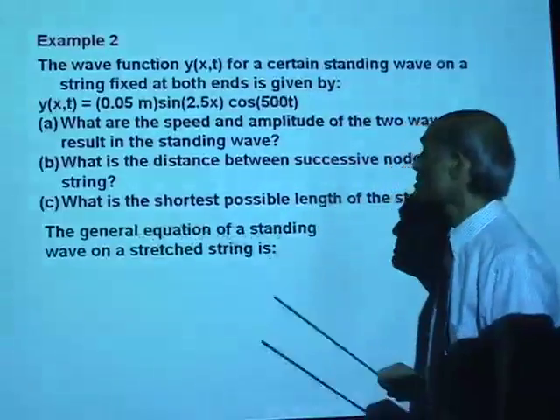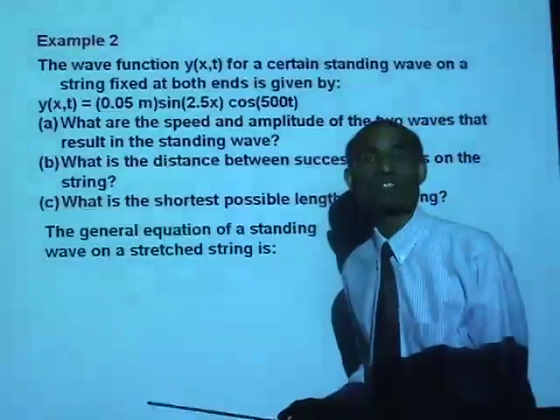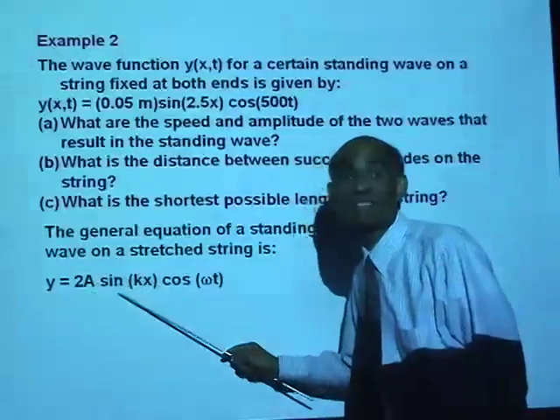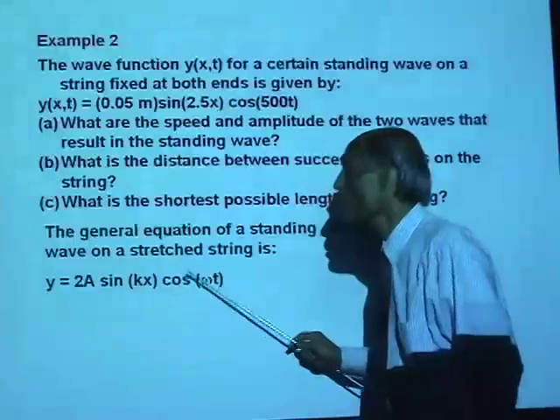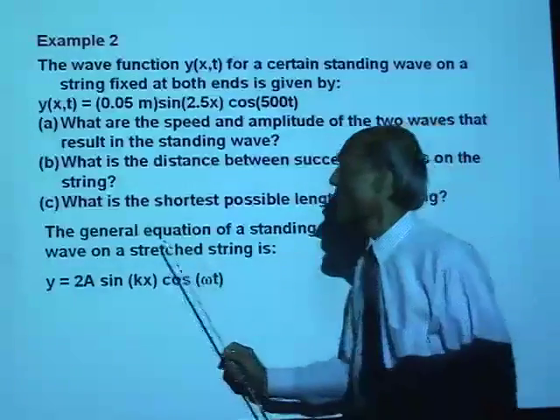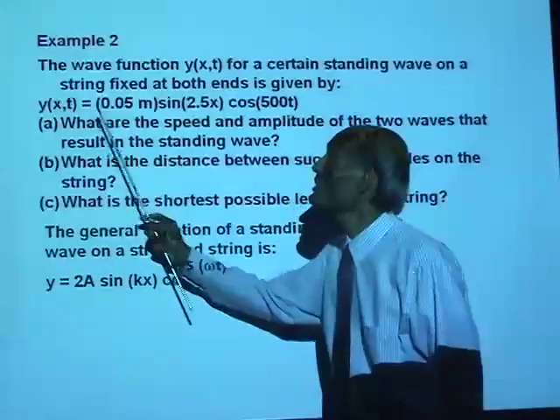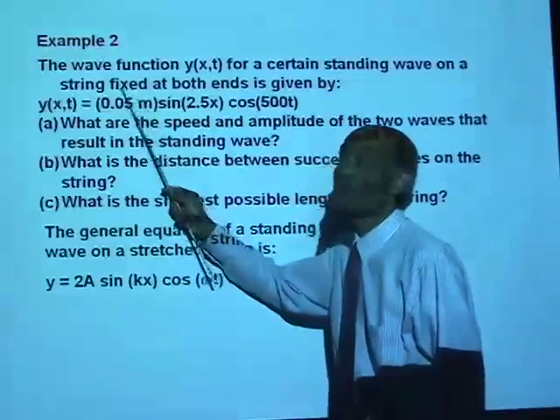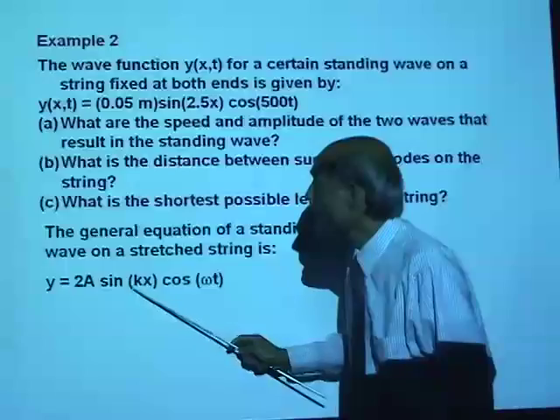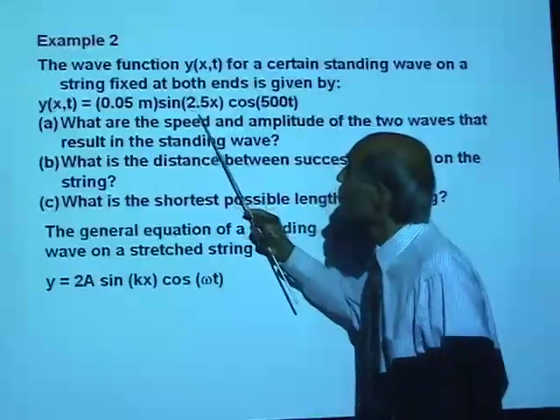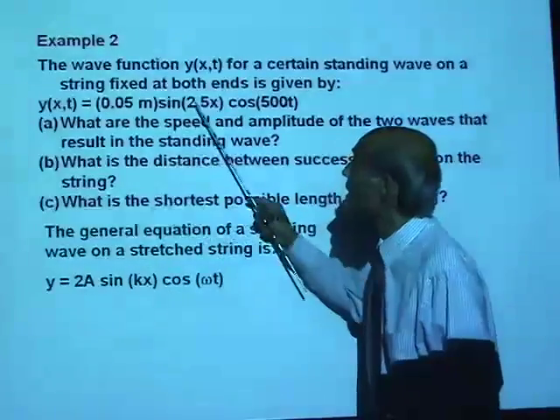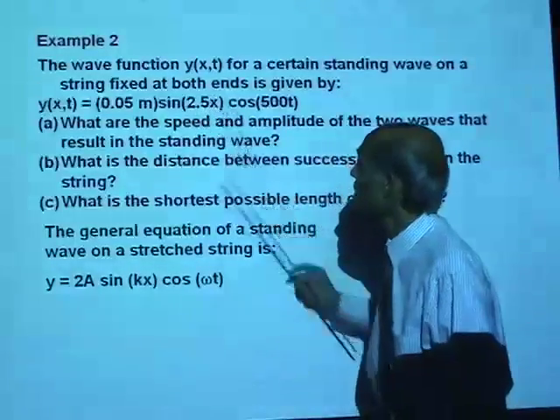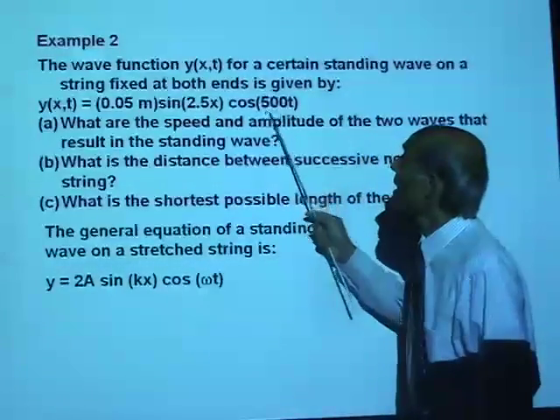The general equation for a standing wave on a string is y equal to 2A sine kx cos omega t. That means compare this with the given equation. 2A equal to 0.05 meter, k equal to 2.5, omega equal to 500.